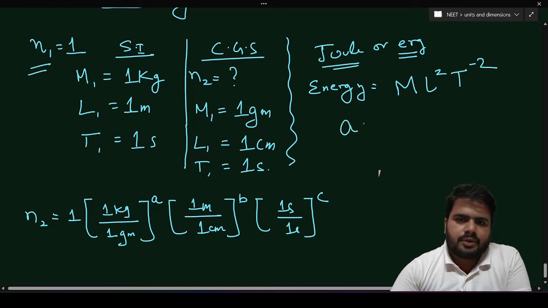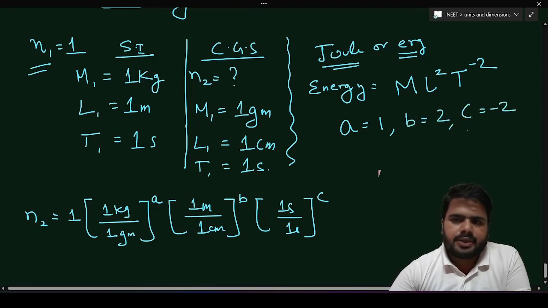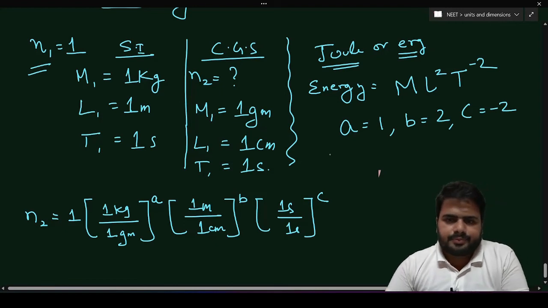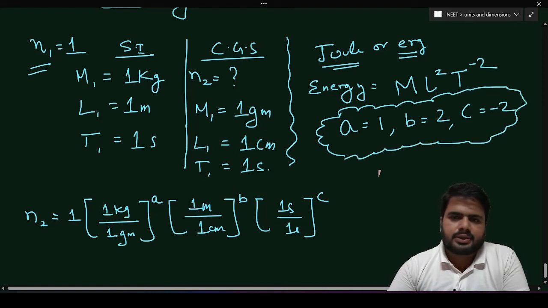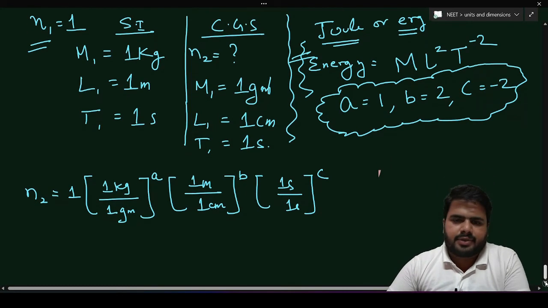So the value of a will be 1, the value of b will be 2, and the value of c will be minus 2. Clear? So these are the values of a, b and c. The quantity you have to determine. Suppose in case of Newton and dyne, in place of energy you will write force, and for them a, b, c will be different.